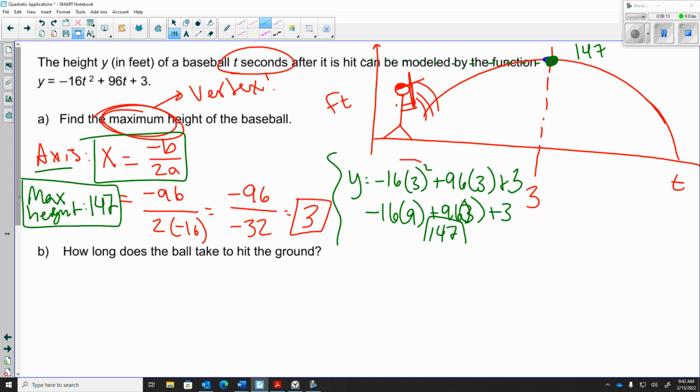I don't know. So we got to figure it out somehow mathematically. Let's think about our picture again. The ball hits the ground over here. What is that on our graph? It's an x-intercept. That's one of the x-intercepts. How do you find the x-intercept of a quadratic function?